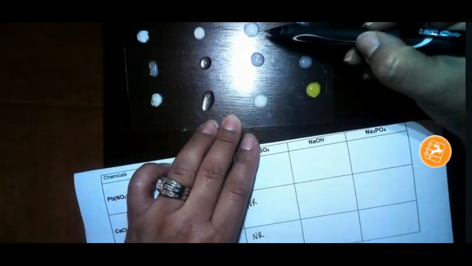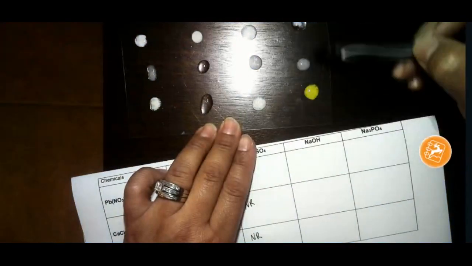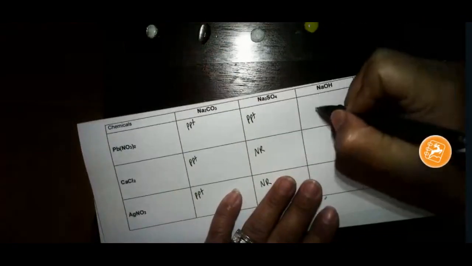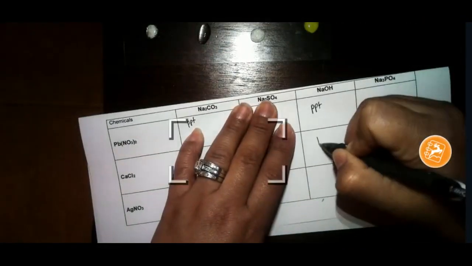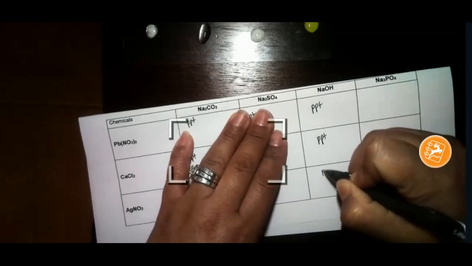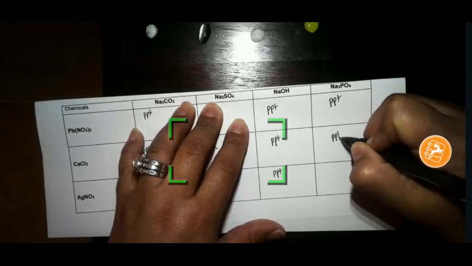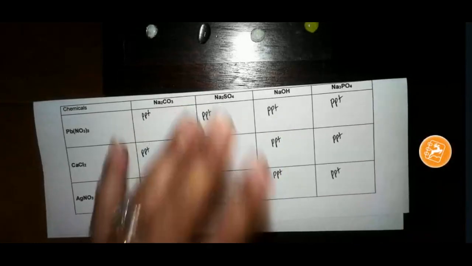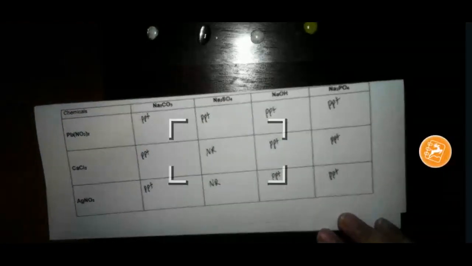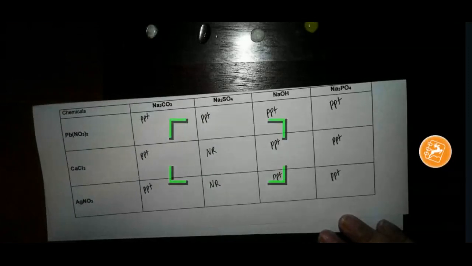Over here, I'm going to record that there are reactions in all these and all these. So PPT, PPT, PPT, PPT, PPT, PPT. And remember, PPT, according to our pre-lab, means that a precipitate formed.